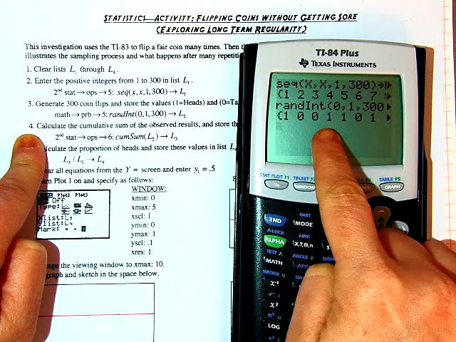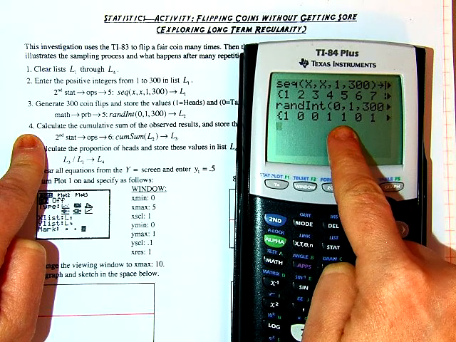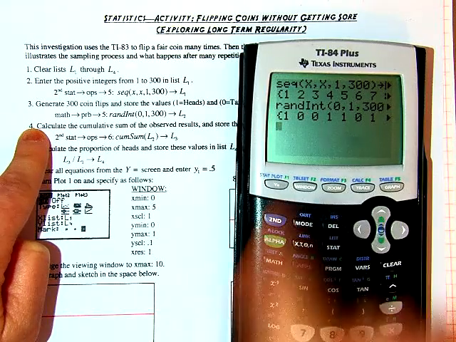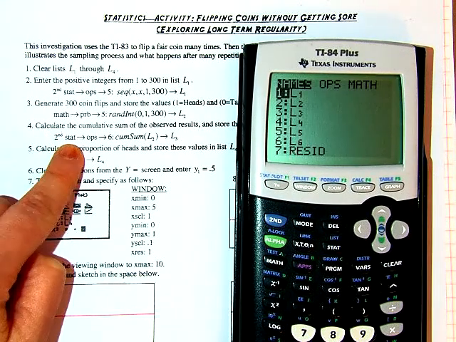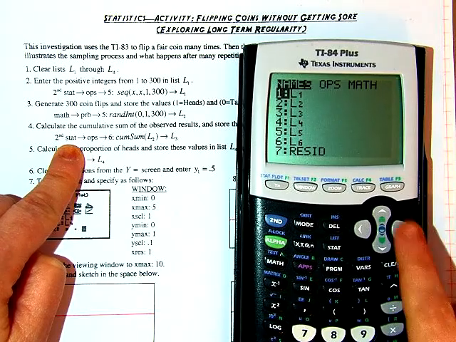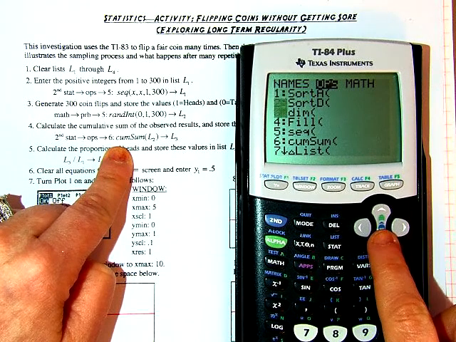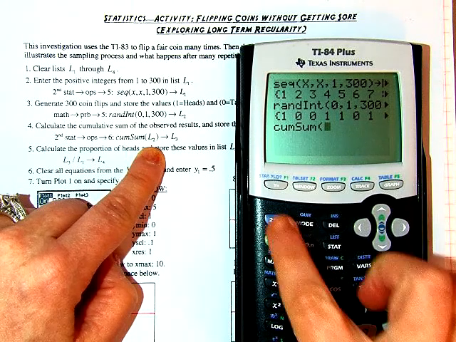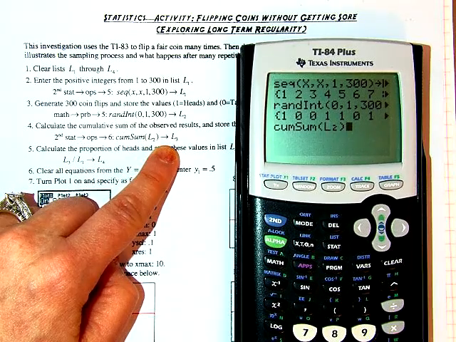If I skipped ahead to here, this would be my 5th trial, I should have 3 heads after the 5th trial. That's what my next step is going to show me. So I'm going to do Second, Stat. I'm going to go to ops, operations. I want that 6th choice, cumulative sum of what's in the L2. And I'm going to stow it in the L3.